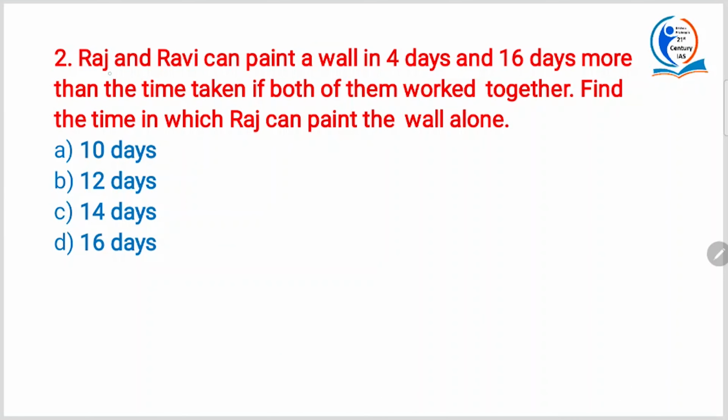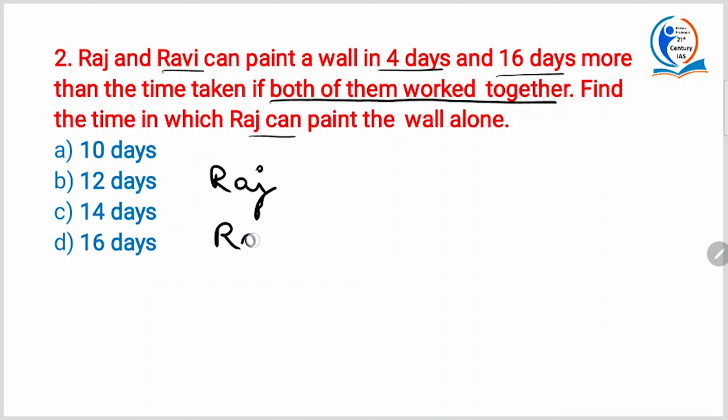Raj and Ravi can paint a wall in 4 days and 16 days more than the time taken if both of them work together. Find the time in which Raj can paint the wall alone. See, if Raj and Ravi together can finish the work in X number of days, what does the question say?